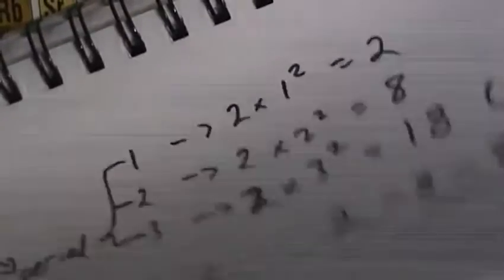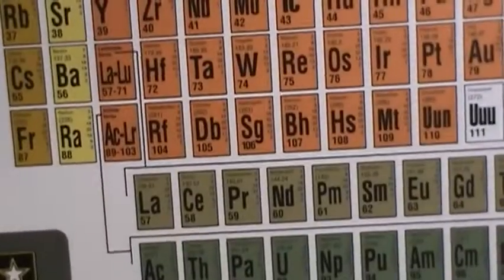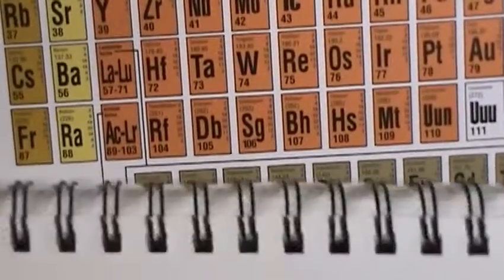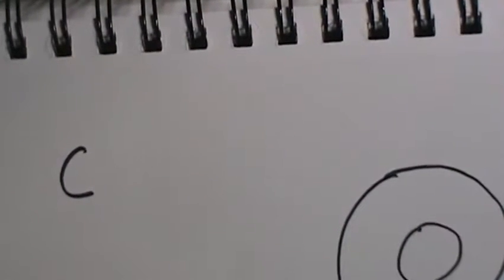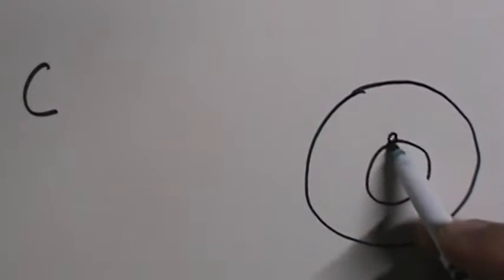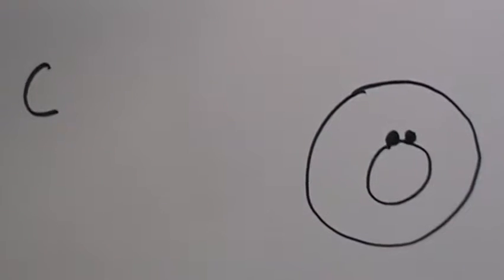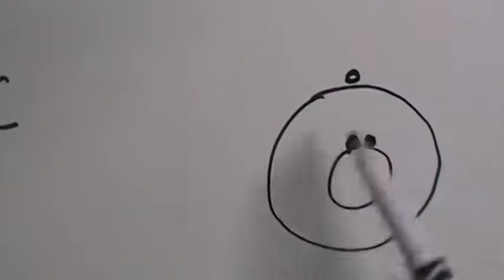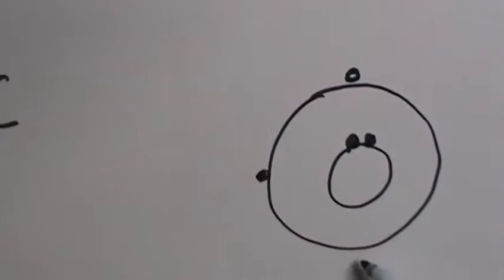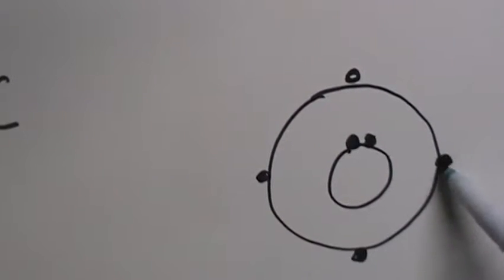Simpler Bohr models in the first 3 periods, for example, carbon has 2 rings or 2 levels of electrons. It fills in the first one here, the second one here, and then it will go 3, 4, 5, 6.